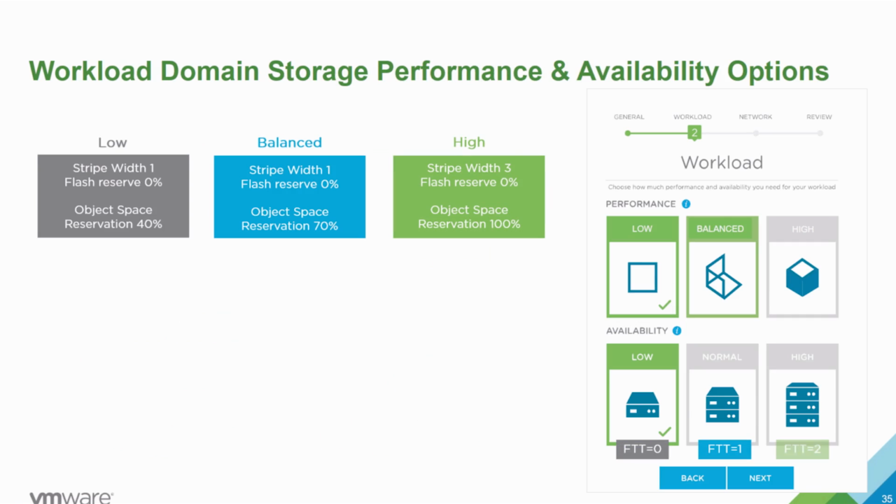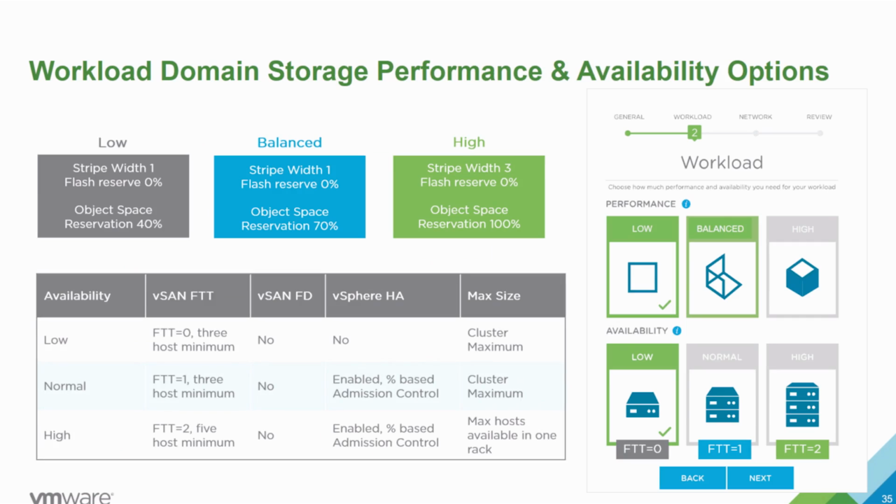So as you create a workload domain, any of them at this point, the screenshot on the right is the actual screenshot from the workload domain creation wizard in SDDC Manager. So I mean, dead simple. What is the performance I need? And this is going to be mostly particular to vSAN, because the number of CPUs and the amount of memory in each vSAN ready node is going to be fixed.